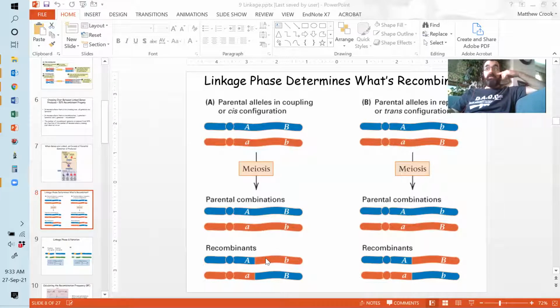So the recombinants are going to be the mix, what you don't see in the parents. You'll always get the mirror image of the other. That's just how it works. In trans configuration, the recombinants are now dominant-dominant and recessive-recessive, like you see on the bottom right here. So it matters a great deal what linkage phase these two genes are in.